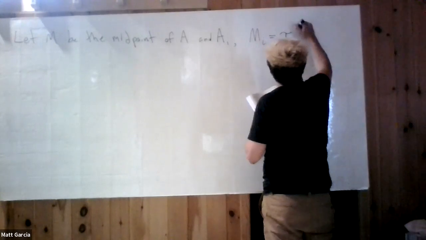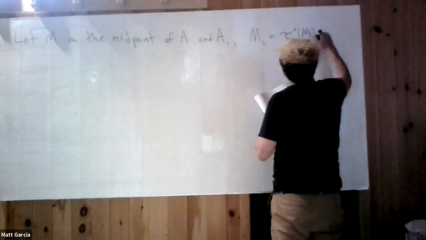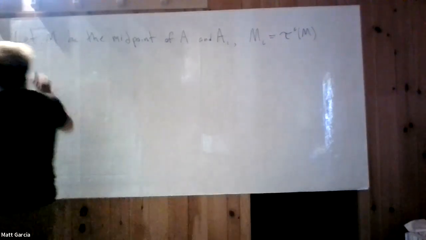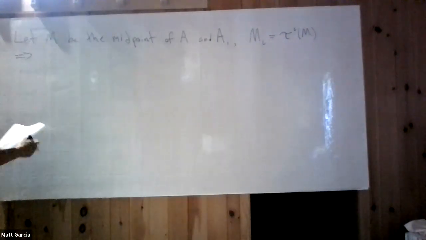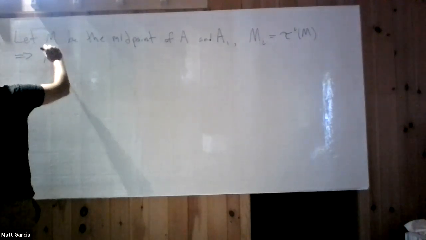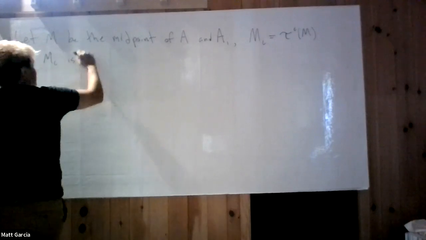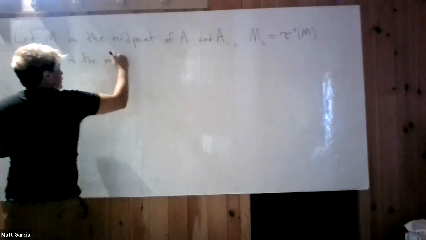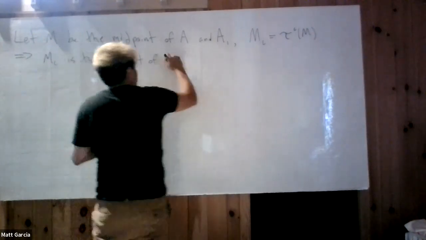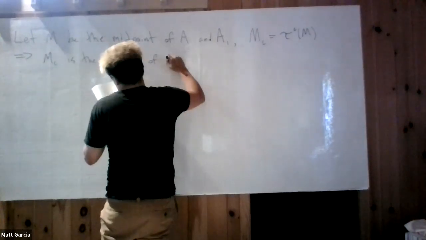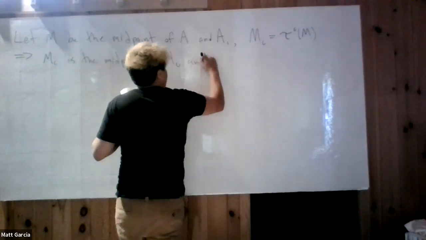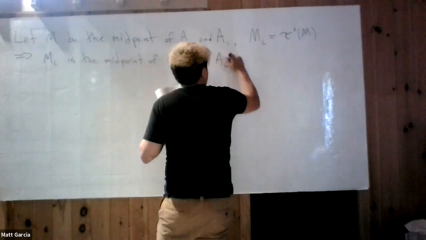It's just applying tau i times to M. Which of course implies that m sub i is the midpoint of a sub i and a sub i plus 1.